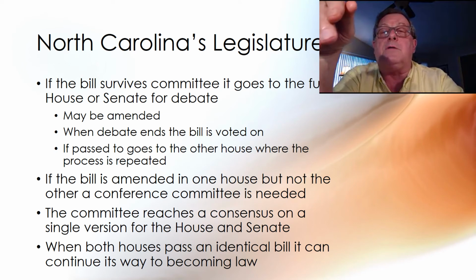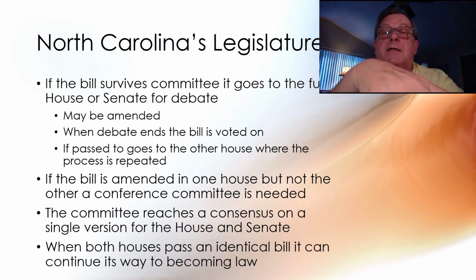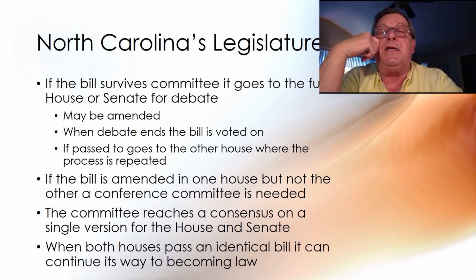And if both houses, by a 3/5 vote, or 60%, vote on it again, and they get 60% in both the House and the Senate, the General Assembly can override the governor's veto, and then it will become law.